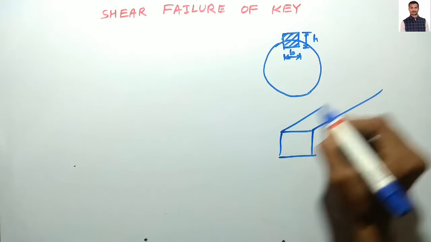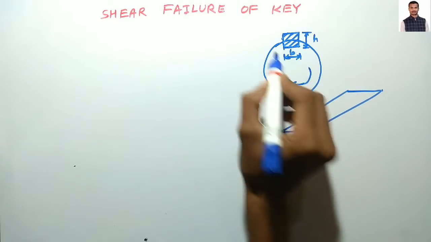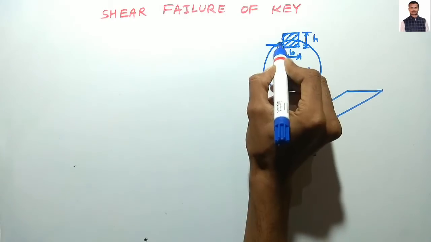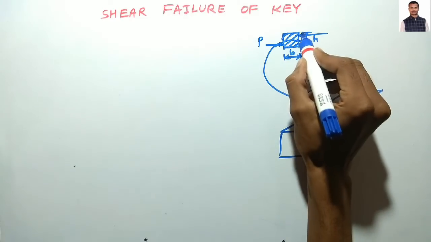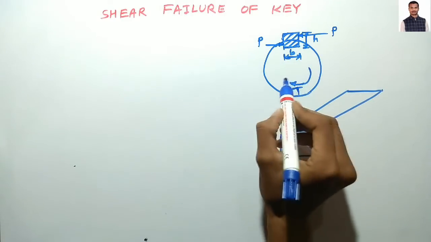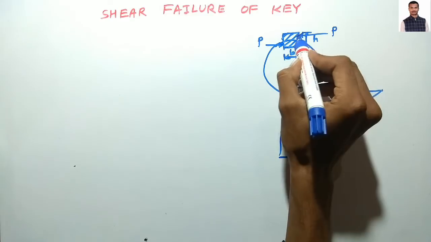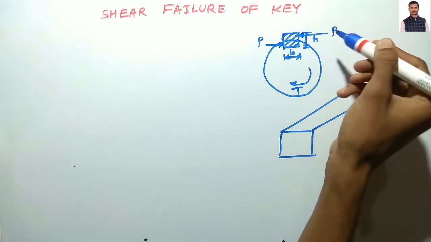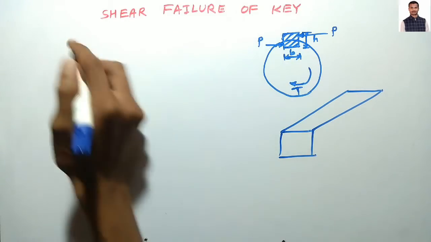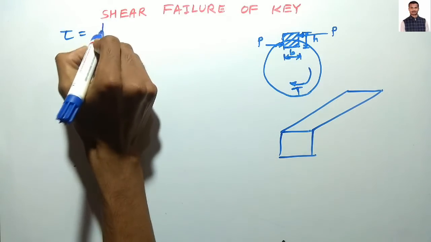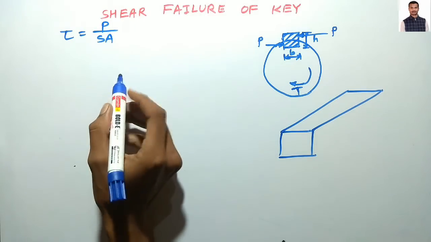Now this is torque T, and due to this torque, load P is applied on the key, and this is equal and opposite load P from hub. So let us take shear failure of key, that is tau is equal to P divided by shear area.